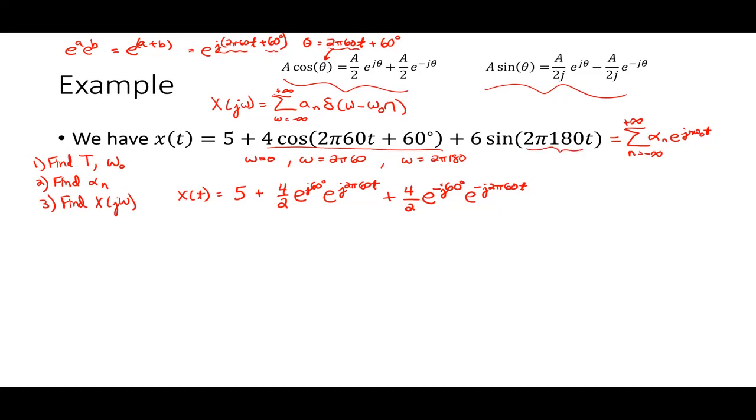In this case, there's my theta. This one's a little bit simpler, but I can basically use that Euler's identity.